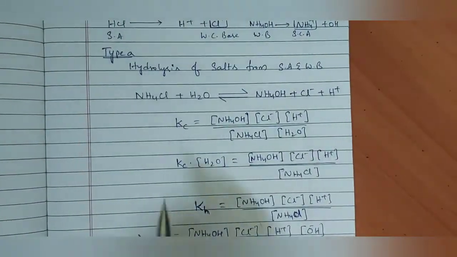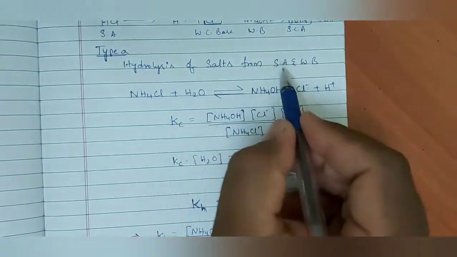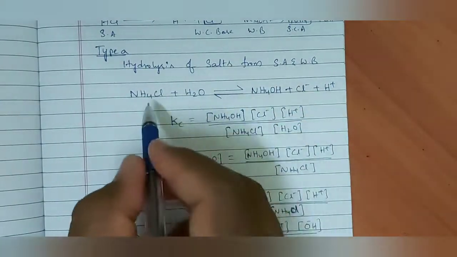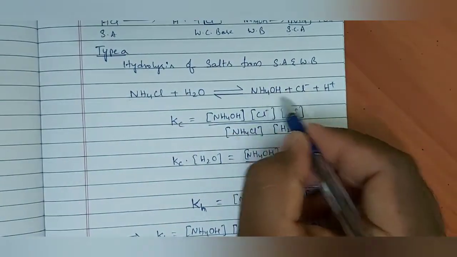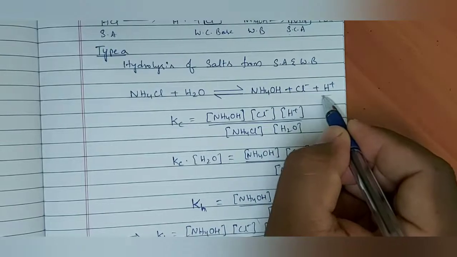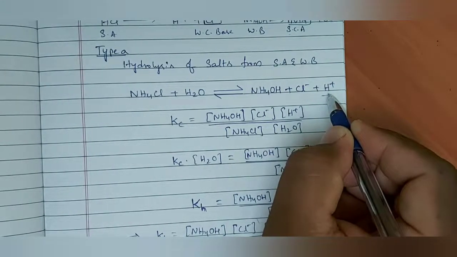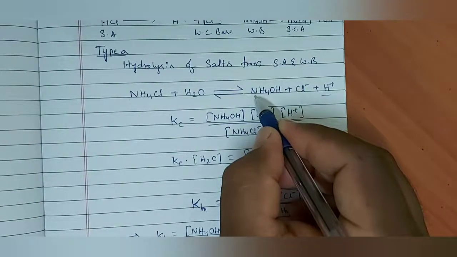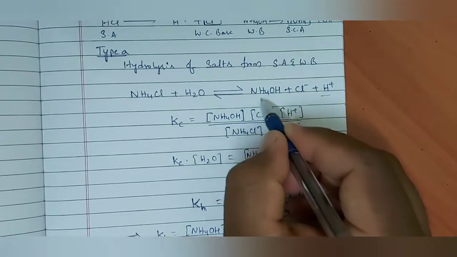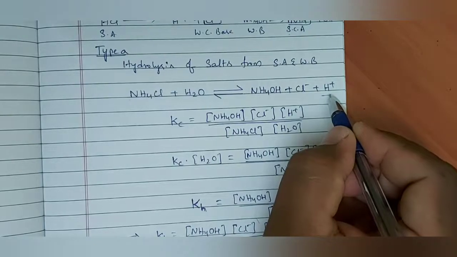And one more thing, when hydrolysis of salts from strong acid and weak base happens, the resulting solution is getting H plus ions. OH minus ions are combined with NH4 plus, so OH minus ions are not there. We are getting H plus ions.